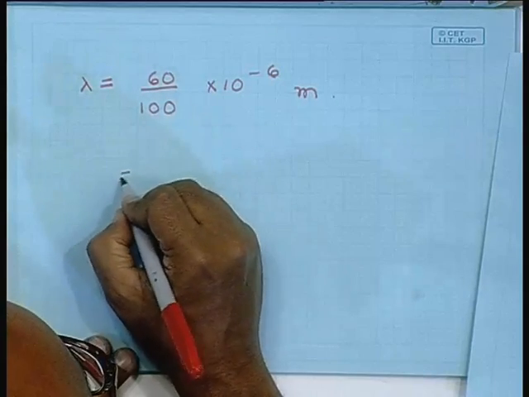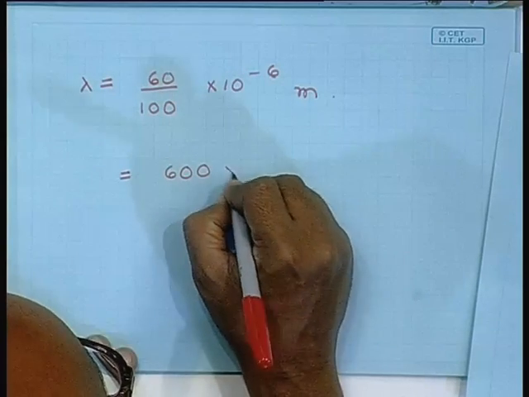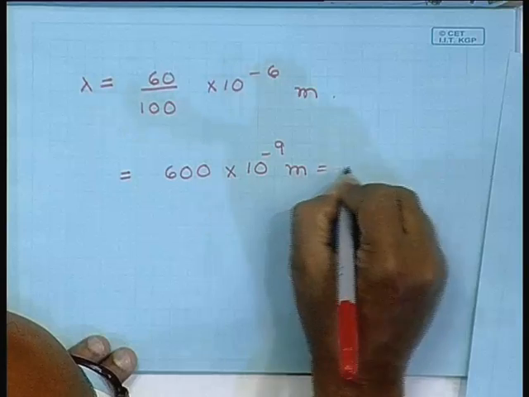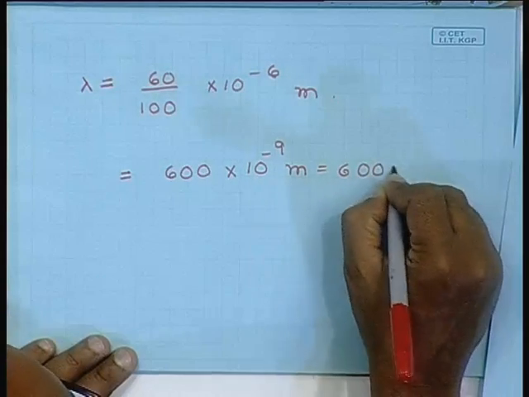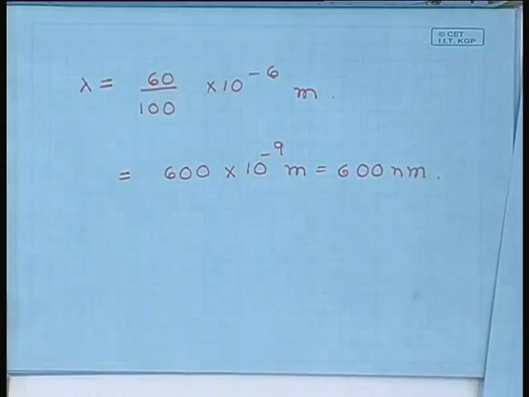So this is equal to 600, and dividing by 1000 means 10 to the power minus 9 meters. So this is 600 nanometers. So we see that the wavelength of the light that you are using here is 600 nanometers.